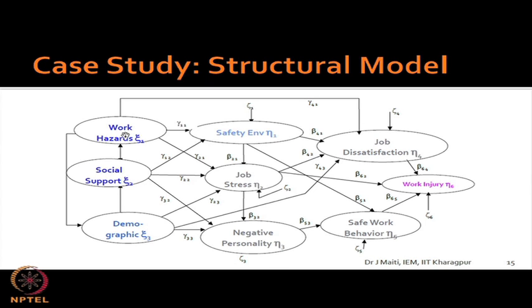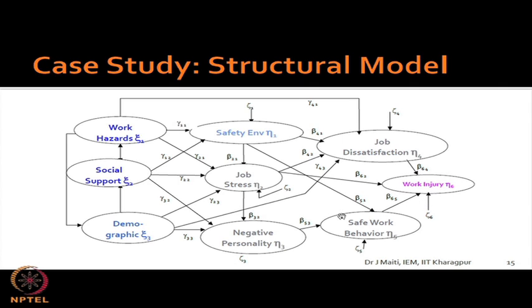Now, whenever an exogenous construct has an effect on an endogenous construct, that is denoted by gamma, and within endogenous constructs it is denoted by beta. The ultimate aim of this model was to find out whether we are able to explain the structural relationship of the variables leading to work injury.